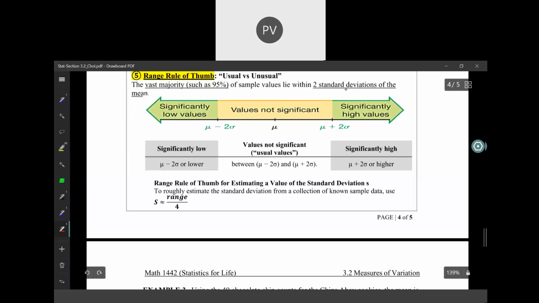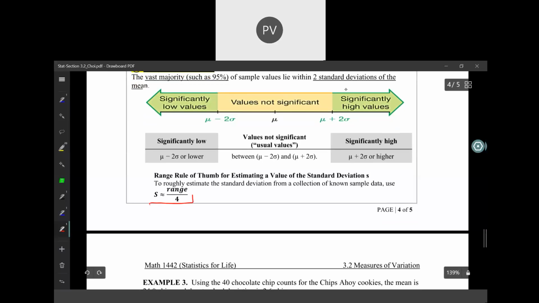Okay, so we will have this formula. Well, this is not the exact formula, you will not get an exact value of standard deviation, but it is an approximate value. If you divide a range by 4, you will approximately reach the value for standard deviation.